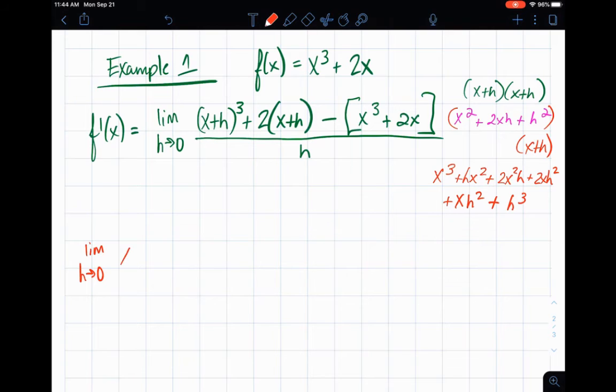All right, so we have x cubed, and we have some like terms, so we could say plus 3hx squared plus 3xh squared plus h cubed.